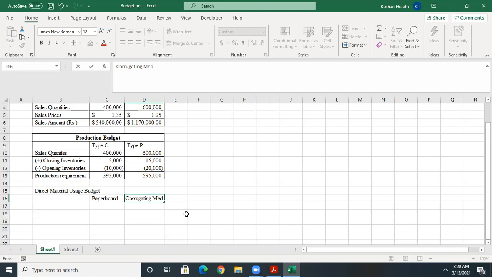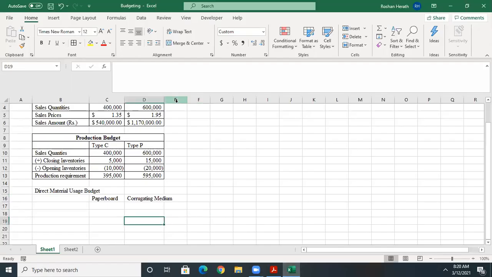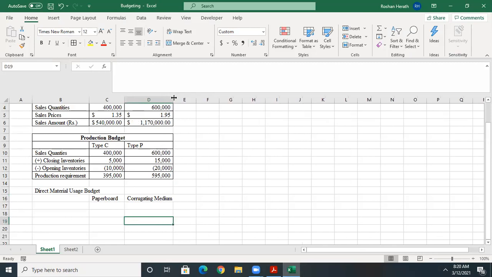Now look what we are going to do. We are going to identify, in order to produce this much of production, how many direct materials are required. That's a simple question.